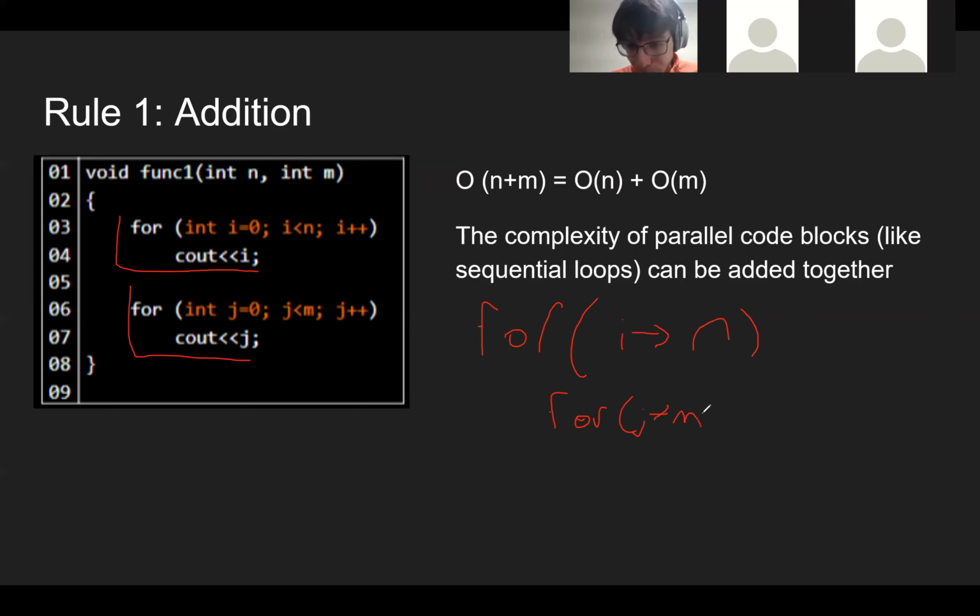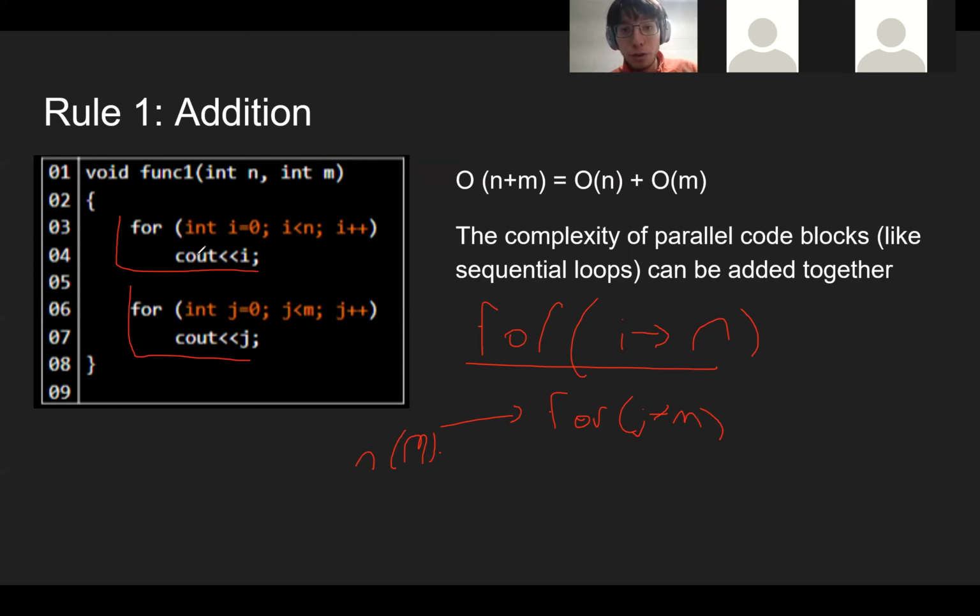The reason they're different is that with nested loops, the inner one is going to do m iterations. But how many times is it going to do that? It's going to do n times, right? It's going to do m iterations n times. So it'll be m plus m plus m, n times, and that's the same as m times n.